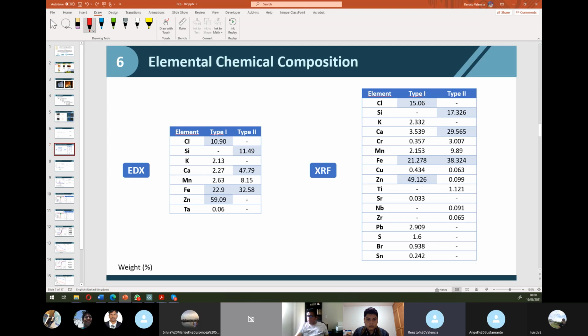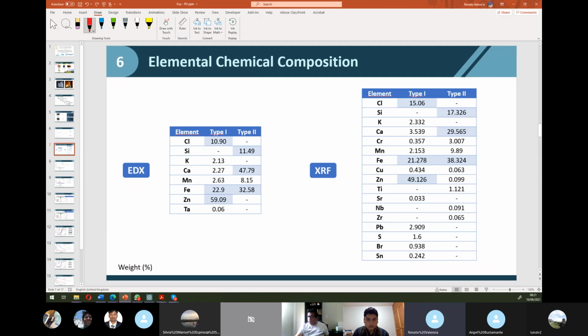In elemental chemical composition, EDX shows chlorine, silicon, potassium, calcium, manganese, iron, zinc, and tantalum. X-ray fluorescence shows more elements: chlorine, silicon, potassium, calcium, chromium, manganese, iron, copper, zinc, and others.